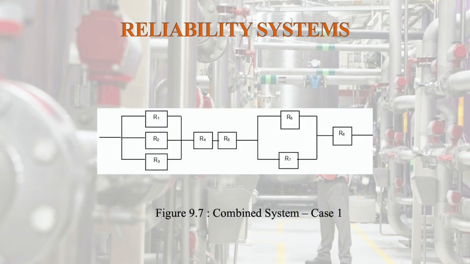So this is the combined system, case 1. In this there are different components connected. Some components are connected in parallel, some in series, and how to calculate the overall reliability for the combined system we have to learn.